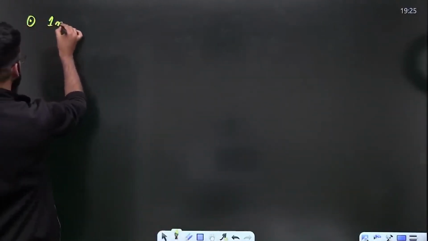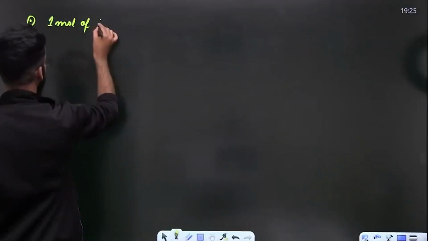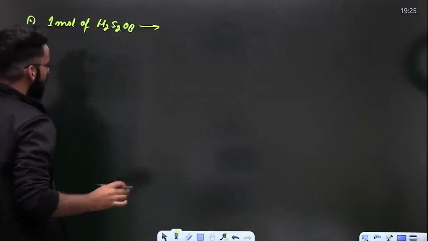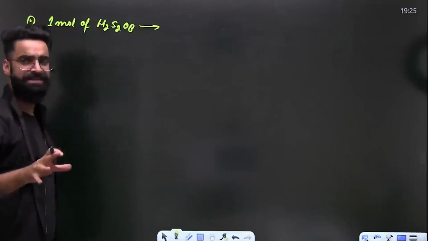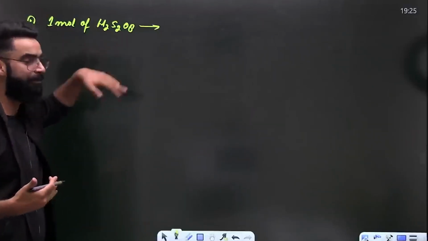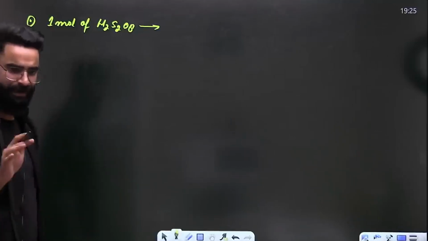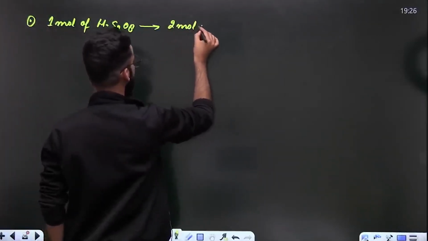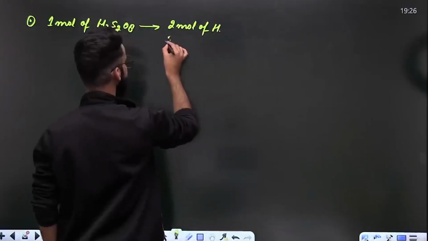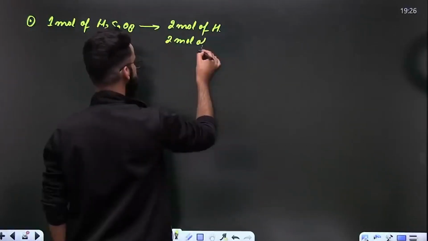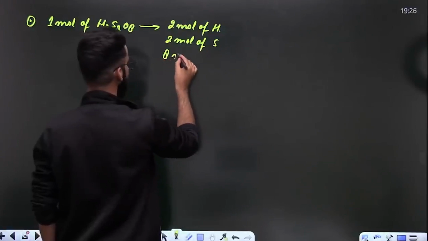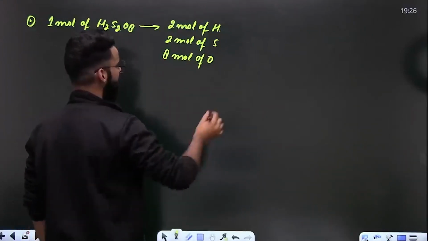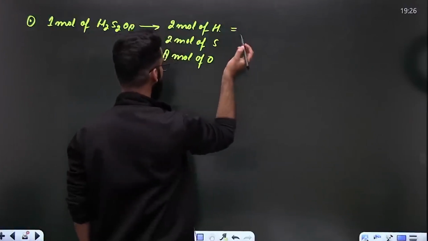For example, I'm writing 1 mole of H2S2O8. First of all, I'm going to write all the statements considering the elements in atomic form. I'll write 1 mole of H2S2O8 contains 2 moles of H, 2 moles of S, 8 moles of O. I can write in a different format as well.